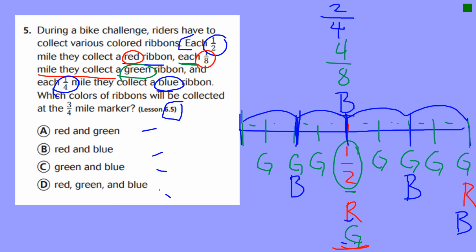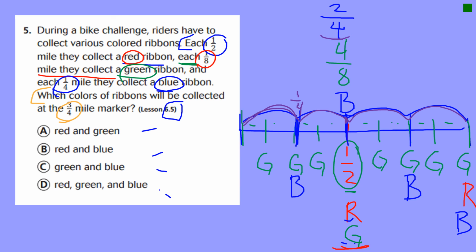All right, let me go back and double check. What are they asking us again? Which colors of ribbons will be collected at the 3/4 mile marker? Okay, so when we divided this mile into 4 equal parts, do you see it right here? 1, 2, 3, 4. So that's 1/4.